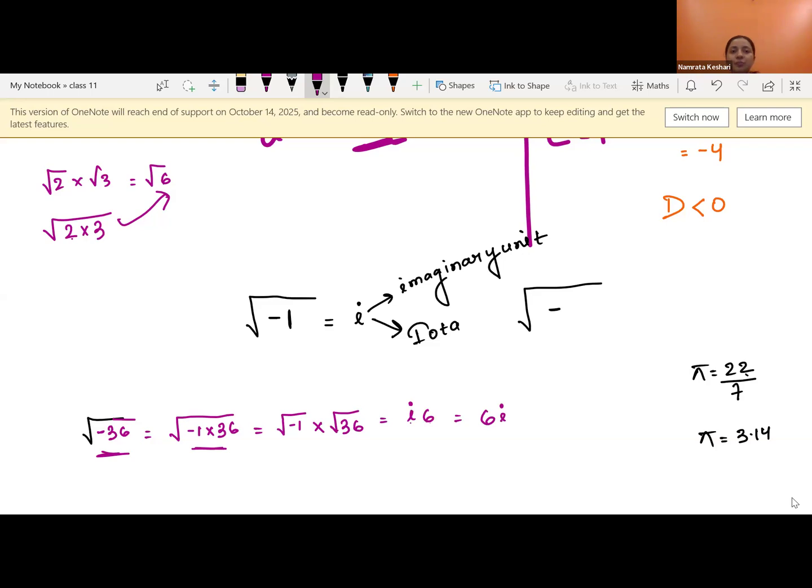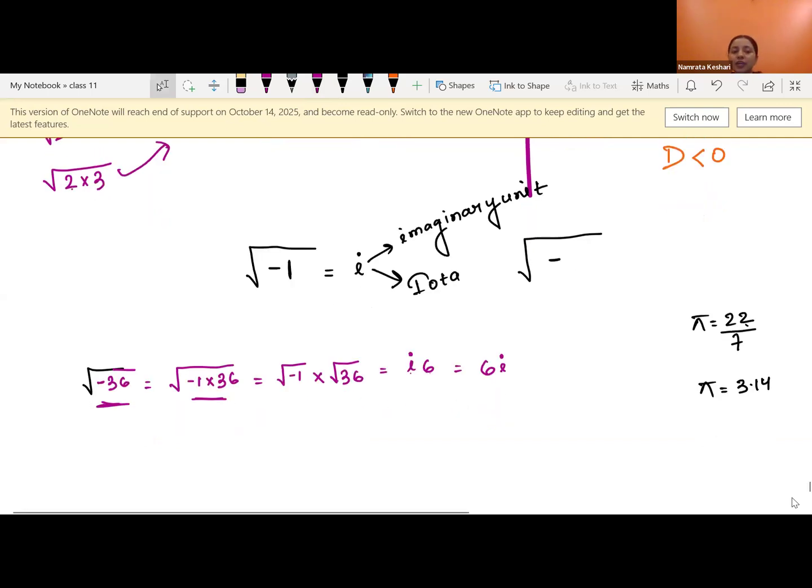So from now onward, whenever you have a negative number inside the root, it doesn't matter whether that number is a perfect square or not. Anytime, anywhere you see a negative number inside the root, that means it is imaginary. From here the complex number concept, the imaginary unit and iota concept came into consideration.